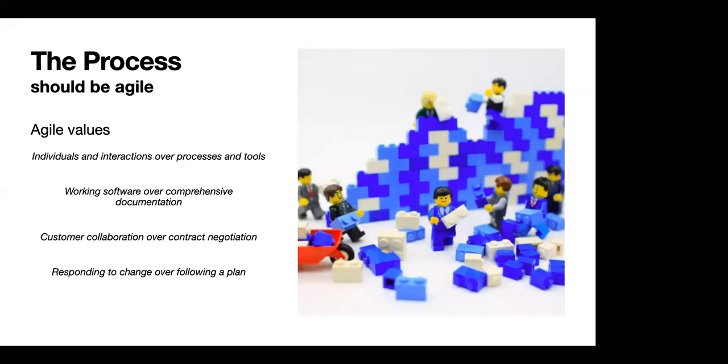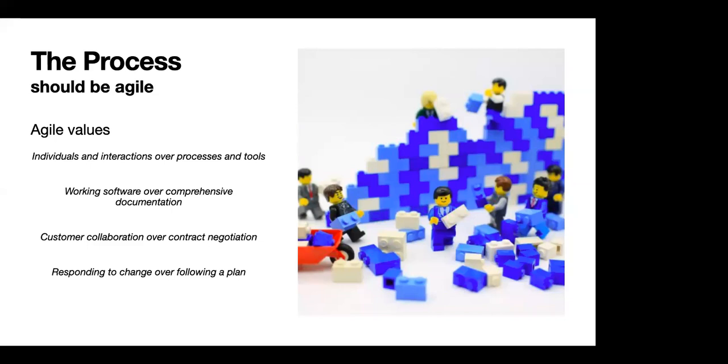So individuals and interactions over processes and tools. Okay, so if you are going to say that we have to use a particular tool and we have to follow it, and it's causing issues with interactions.